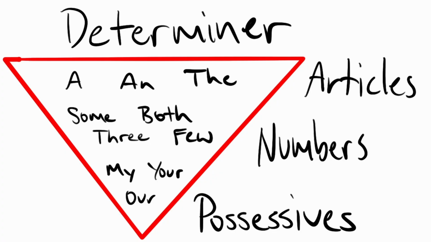The first kind of adjective is called the determiner. Determiners are words like articles, possessive adjectives, or words describing numbers or amounts. So examples would be the articles a and the, which will have their own video later on because they can get a little confusing.